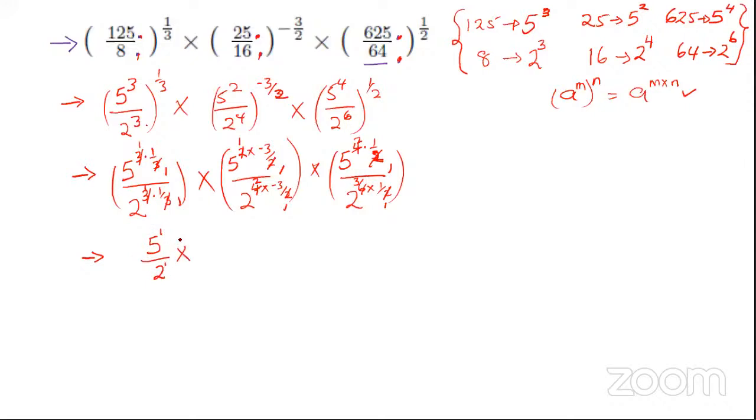You may write the power 1 or not, but it's okay. Then times 5 to the power negative 3 out of 2 to the power 2 times negative 3, which gives negative 6. Times 5 to the power 2 out of 2 to the power 3, because 2 times 1 out of 2 is 1 and so on. This is what we have.